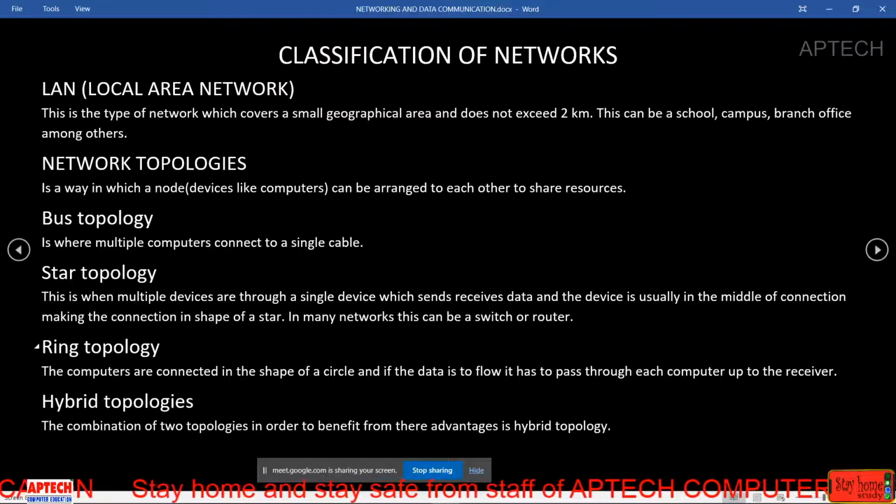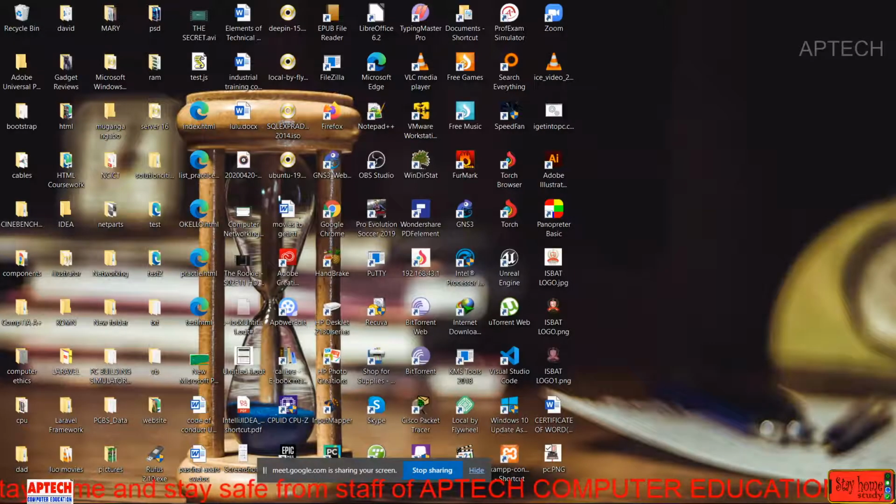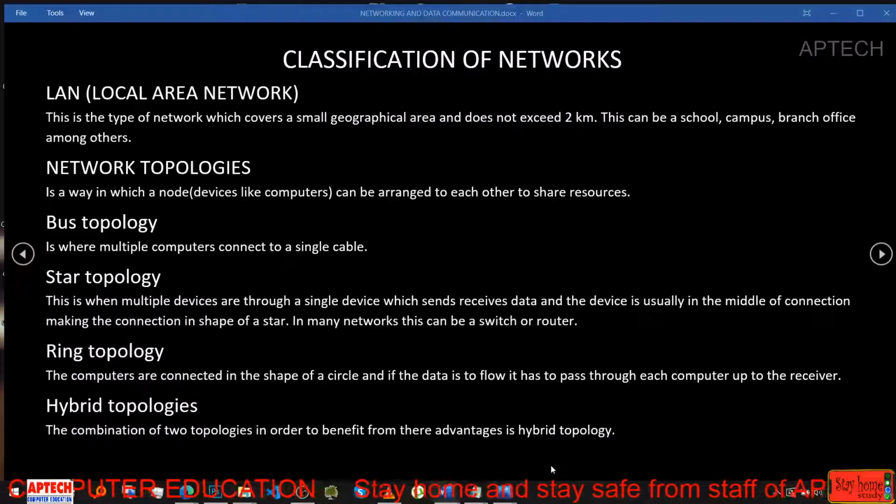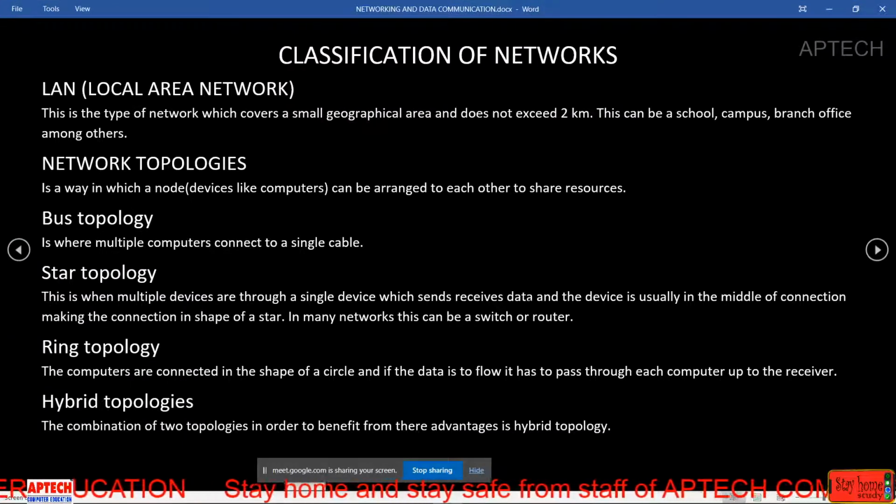So if you combine both of them, the ring and the star, because connecting to other labs is the ring, and connecting the labs with the computers inside them is the star. You get the point? Albert? Yes, sir, I've got the point. Yeah, so it's basically a combination of the different topologies for them to work together.